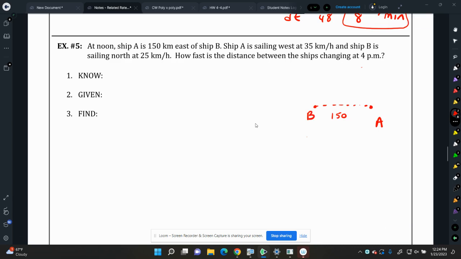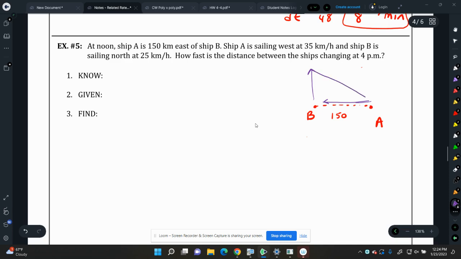Ship A is sailing west, so ship A is actually going to start going this way, 35 kilometers per hour, while ship B is traveling north at 25 kilometers per hour. They start off 150 kilometers apart. How fast is the distance between the ships changing? So we're actually looking for this distance here. We'll just call it D.